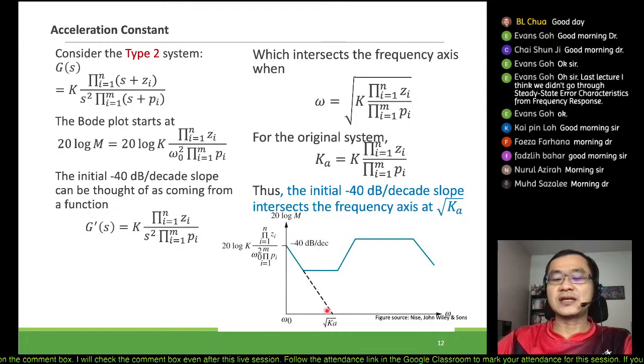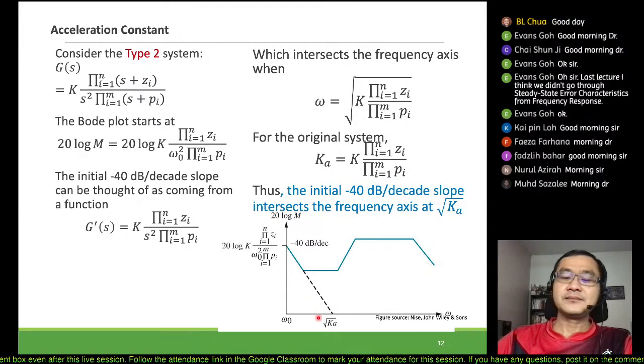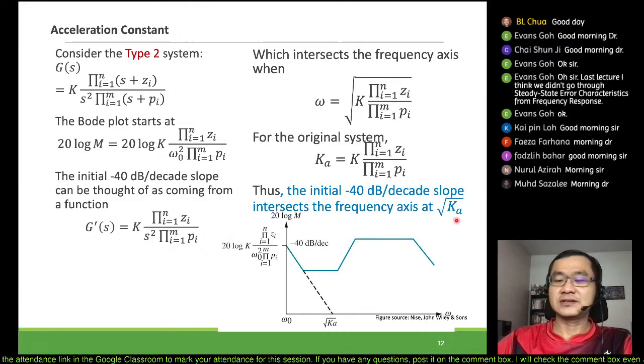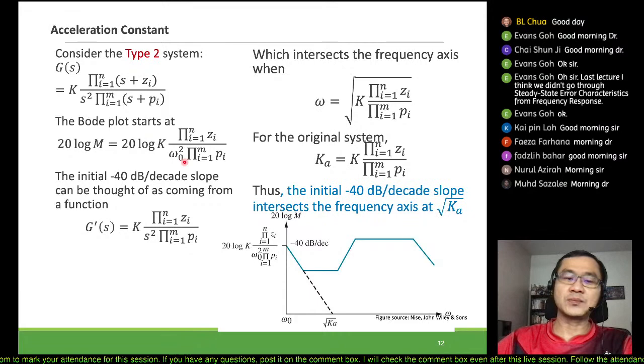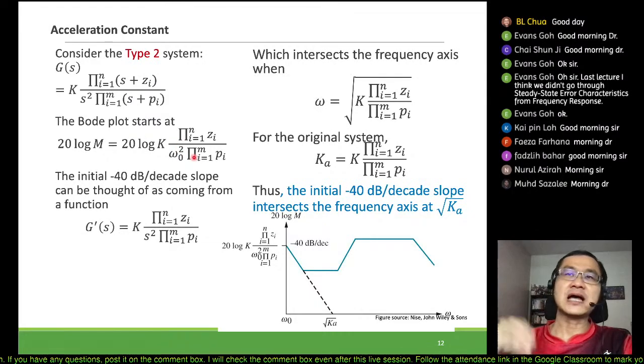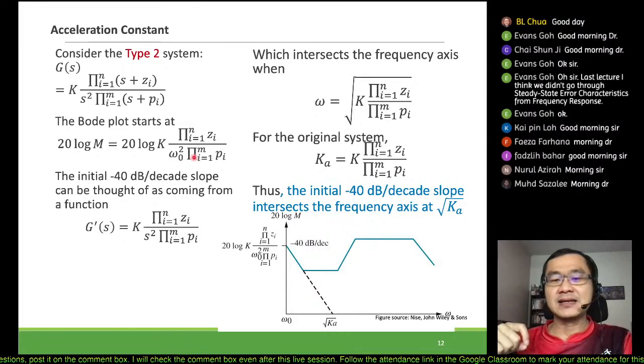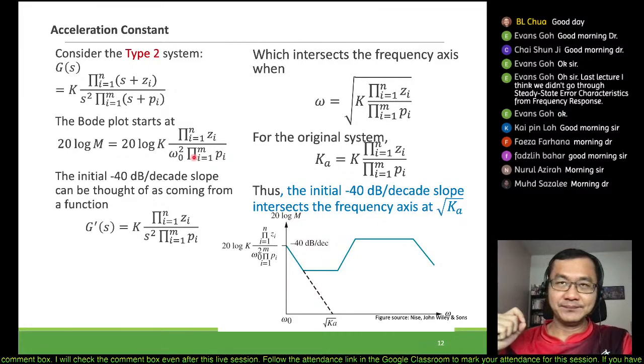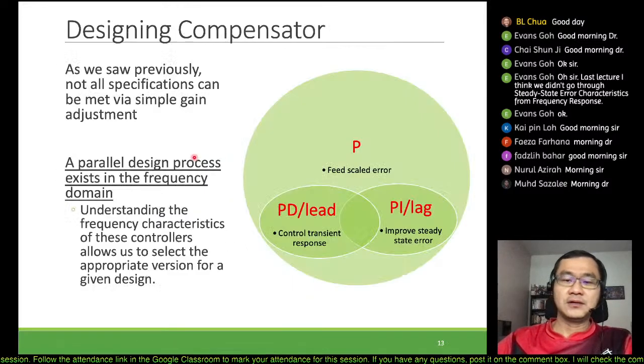So when you get it, then this value would represent the square root of ka. So this would be this value, but you have to put a square root because of this particular square term there. So this is how you can estimate or obtain the static constant based on the Bode plot, the magnitude Bode plot.